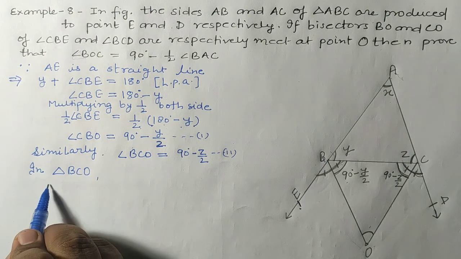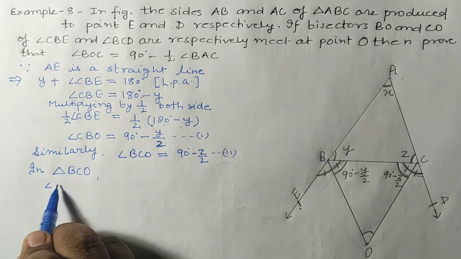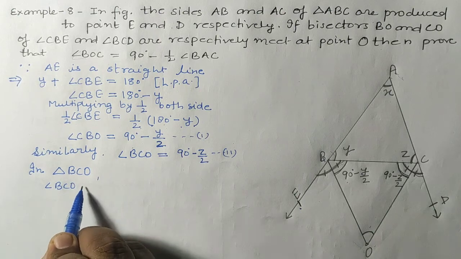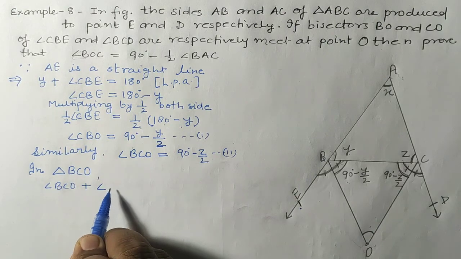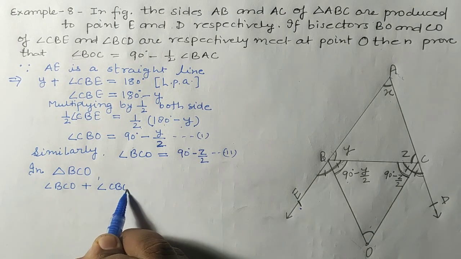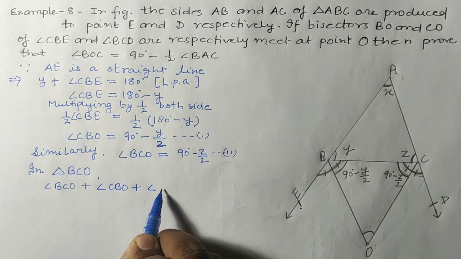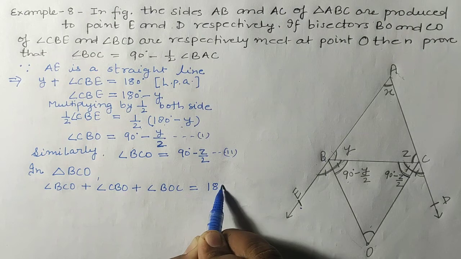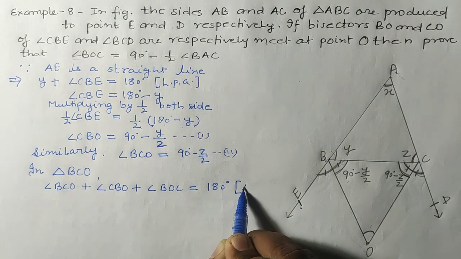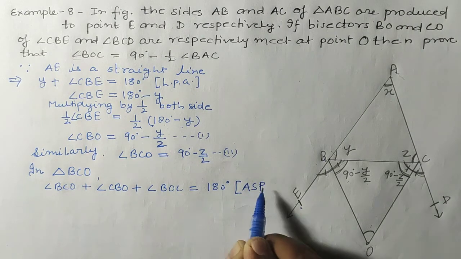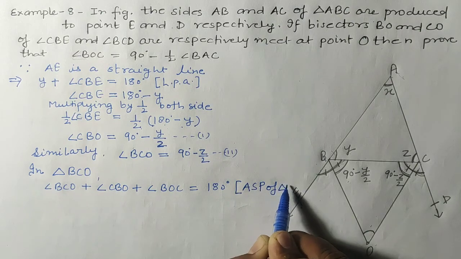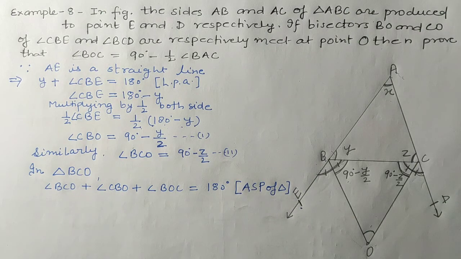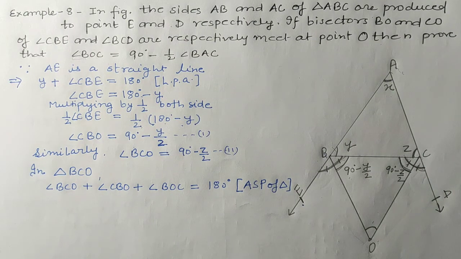So angle BCO plus angle CBO plus angle BOC, the sum of all angles should be equal to 180 degree. What is the reason behind it? The reason is the angle sum property of triangle. We know in the angle sum property of triangle, the sum of all angles of a triangle is 180 degree.